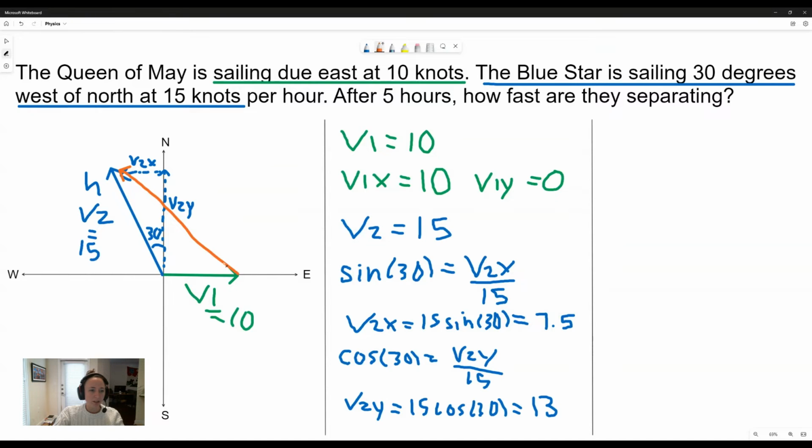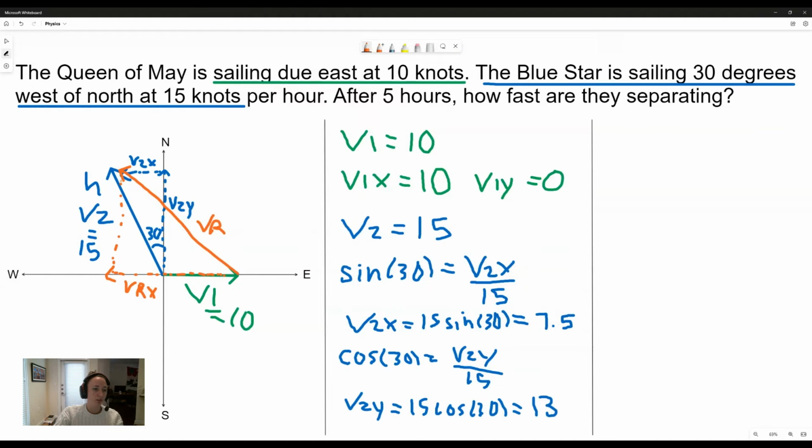For this problem, that resulting vector would be how fast they are separating. I'll label this VR. If we want to find the x component of the resulting vector, we'll label it VRX, and it is the sum of the x component of the first vector and the x component of the second.